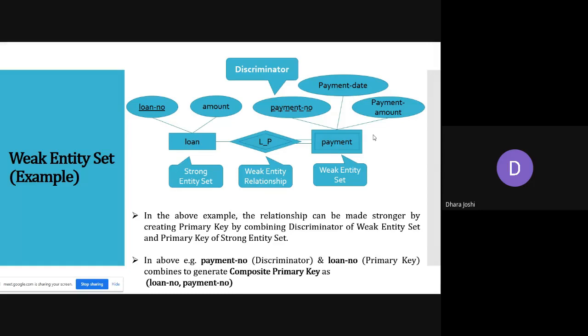Faculty of Engineering can have different attributes like department name, division, semester, but only FOE cannot work as a strong entity because we have different attributes.